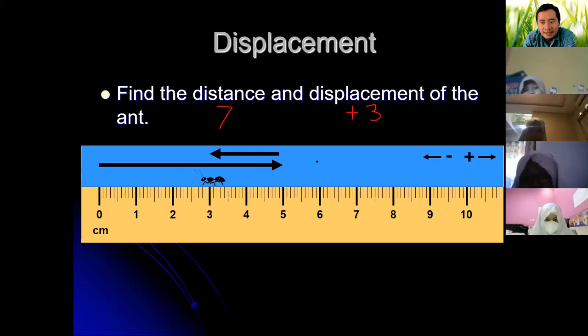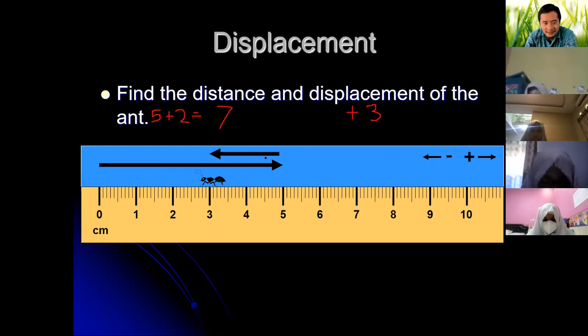Same. Okay. The distance from 0 until 5 is 5, because there is no direction for distance. And then from right to the left, from 5 to 3 is 2. So 5 plus 2 is 7. And then the displacement is, what is that?